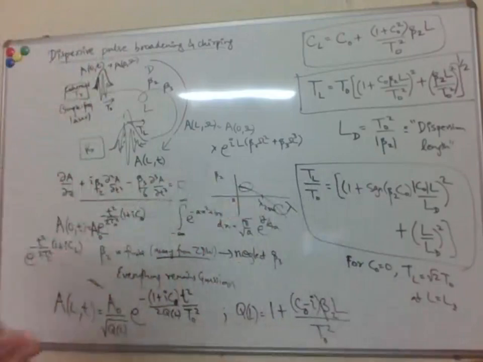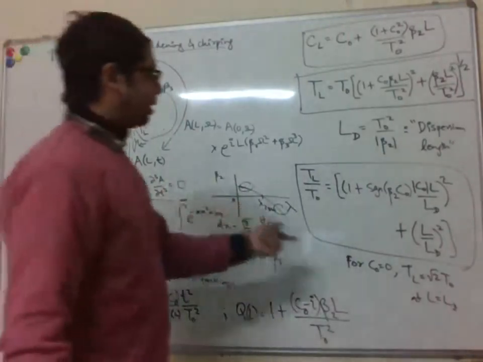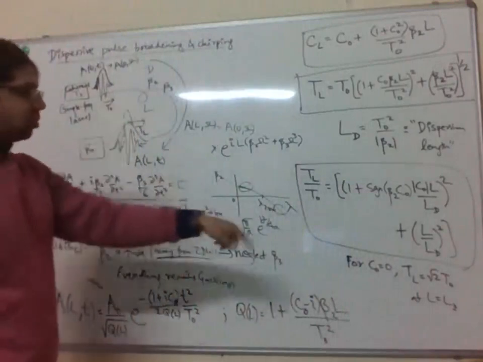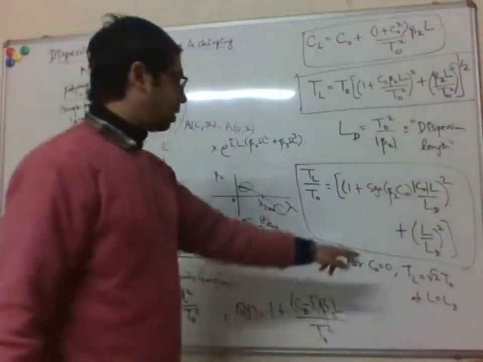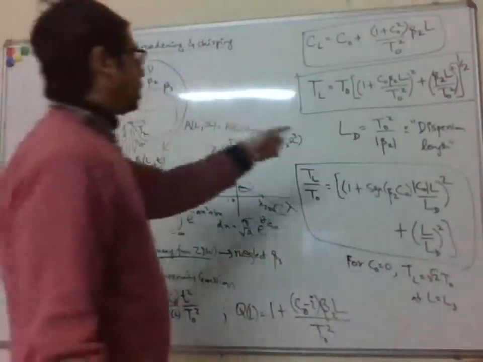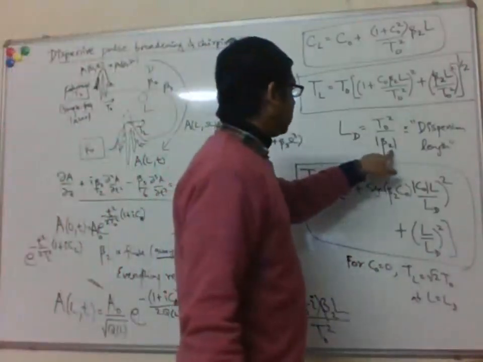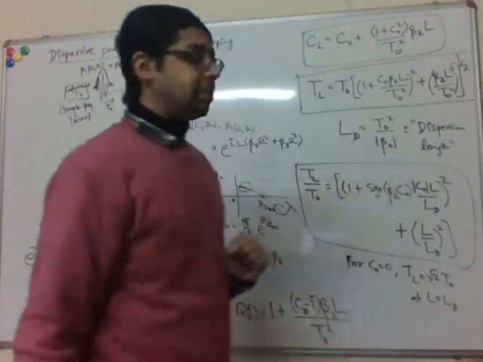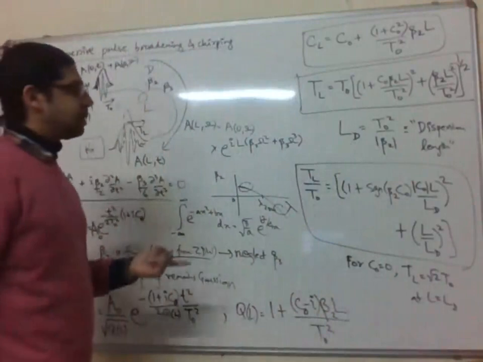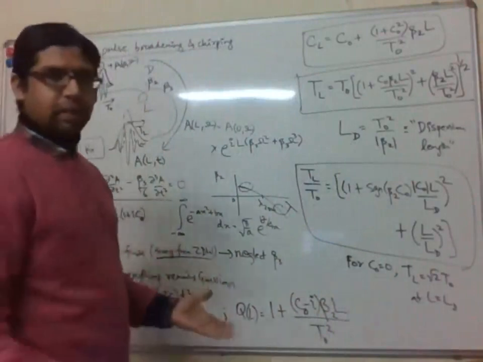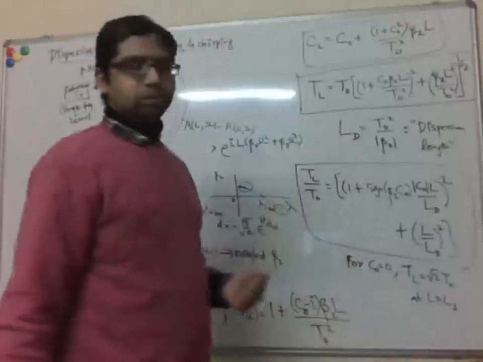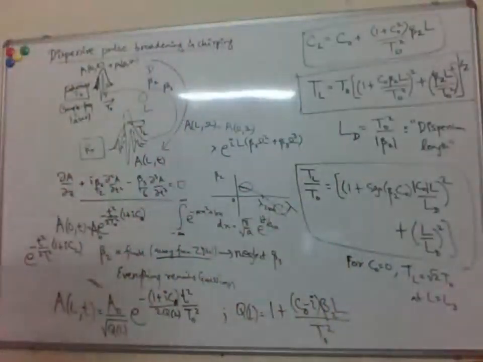So that's why if you have a shorter pulse at the input, it will broaden faster, characterized by shorter dispersion length. Also, dispersion length is inversely proportional to the GVD parameter here. Again, that is sort of obvious. A higher GVD parameter means more dispersion in the fiber, which means the pulse will broaden faster. LD will be small.